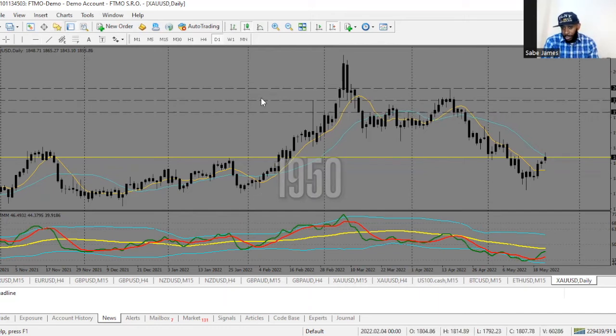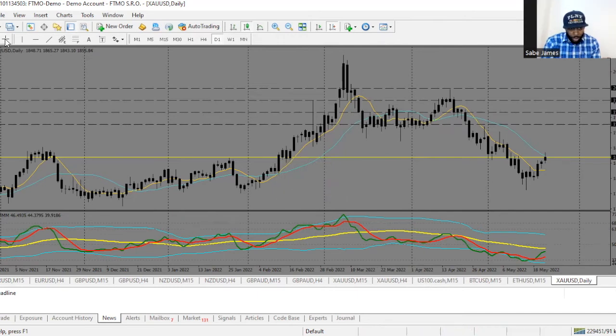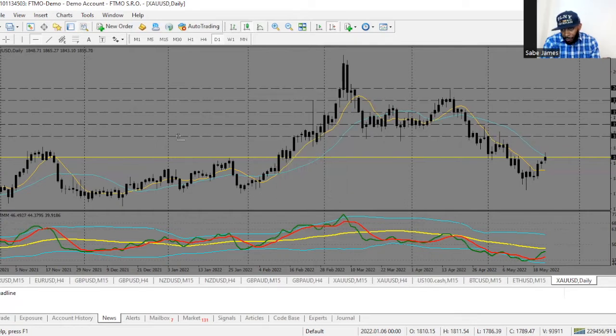Now, some people say this is too many lines for them already, but I'm just trying to give you the overall aspect of what I look for and how we look at things. We'll come down here. We have our 1925. Then we have our 1900. And we've got a few more to go because price is at the 1850, hovering around there.